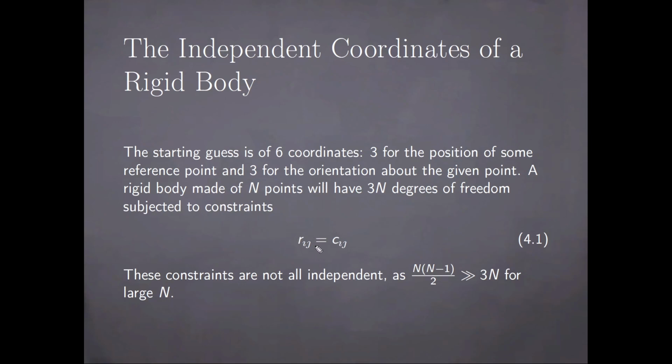So the distances between any given pair of points in the rigid body have to remain constant. However, these constraints are not all independent, as the number of constraints for n points is the one given here, simply summing up the number of equations. This is much larger than the number of degrees of freedom if the number of points is large.